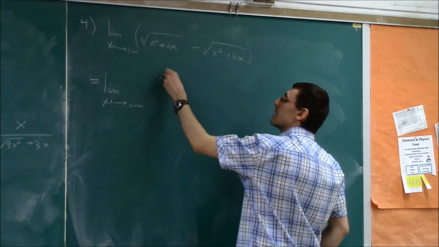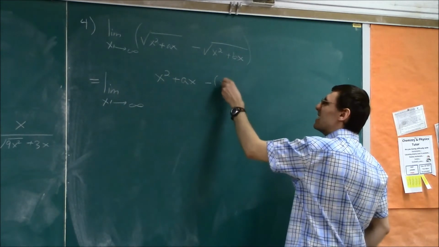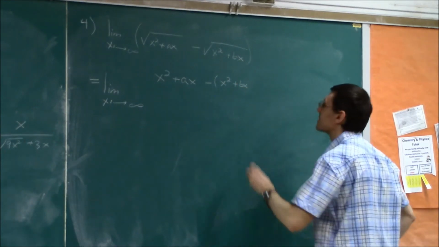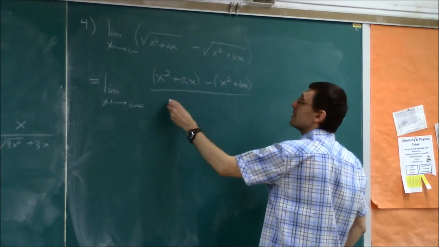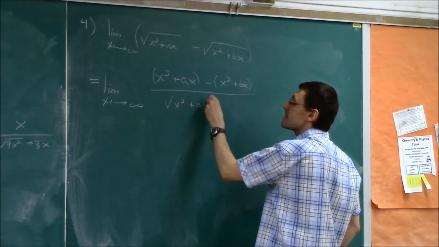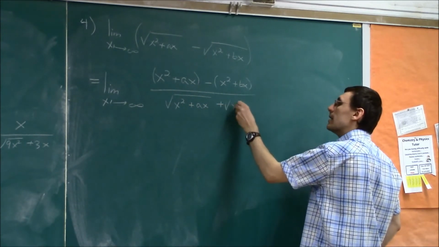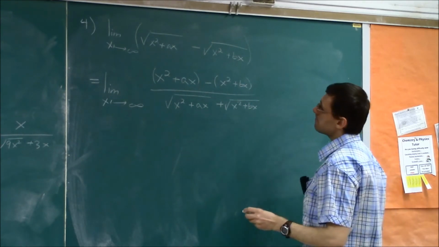That is then x squared plus ax minus x squared plus bx over root of x squared plus ax plus root of x squared plus bx.